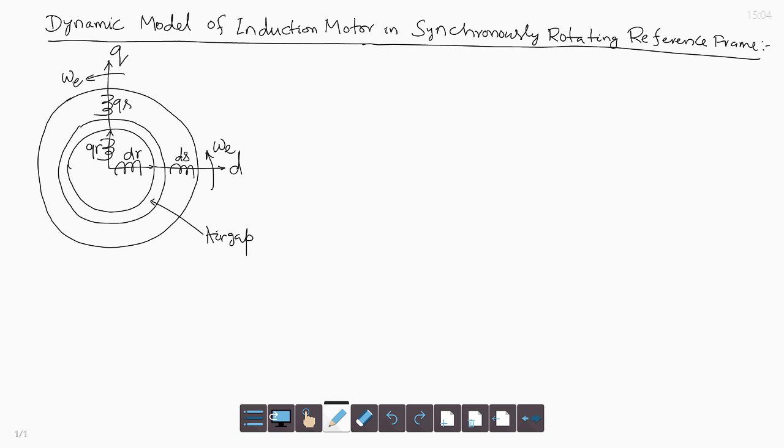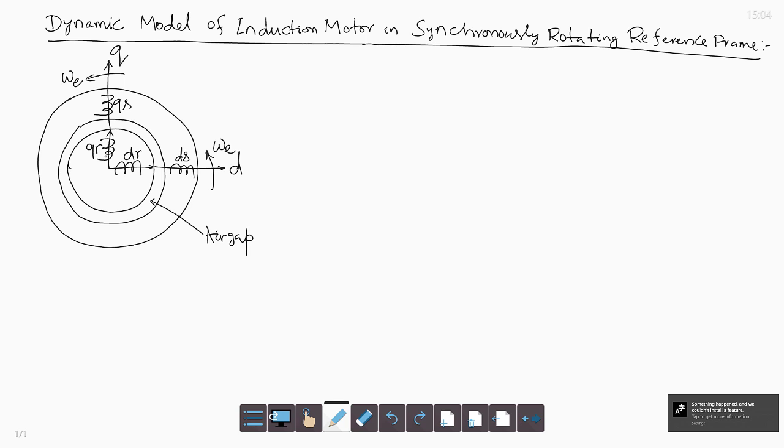The 3 phase stator winding is made equivalent to two stationary coils, ds along the d axis and qs along the q axis, and the 3 phase rotor winding is made equivalent to two windings, dr along the d axis and qr along the q axis, r for rotor, s for stator, and dq for direct and quadrature reference frame. So, the 3 phase windings are made equivalent to two windings in the d and q axes, and for stator and rotor you have two windings each.